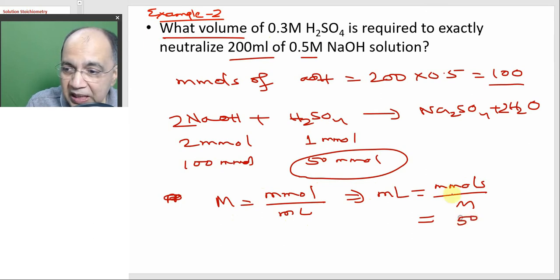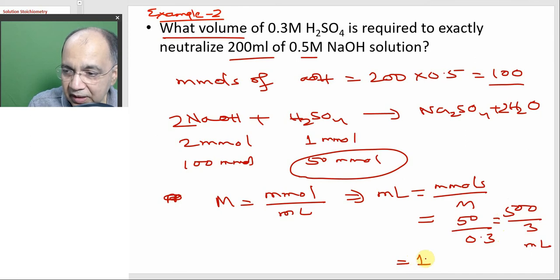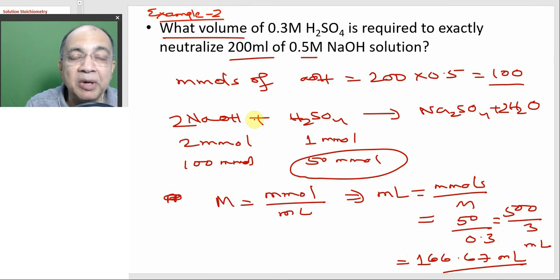So 50 by molarity 0.3, you are getting 500 by 3 milliliters. It will be some 166.67 milliliters of sulfuric acid having molarity 0.3 M.